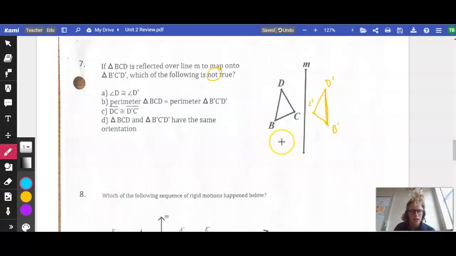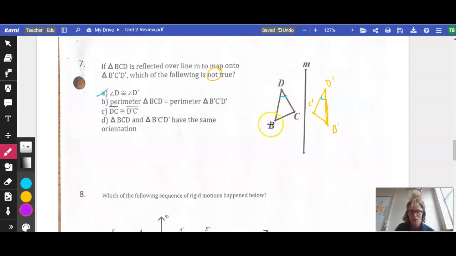D and D prime. Well, reflections maintain distance and angle measure. So yes, D will be congruent to D prime. So that is not an answer. Perimeter of BCD is equal to the perimeter of B prime, C prime, D prime. Well, reflections are rigid motions that maintain distance and angle measure.